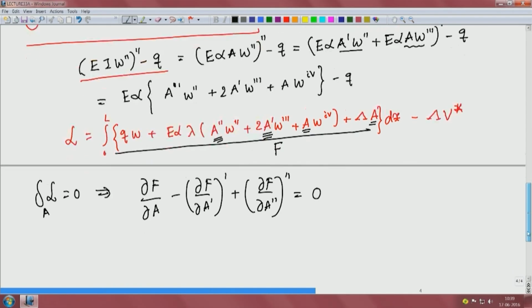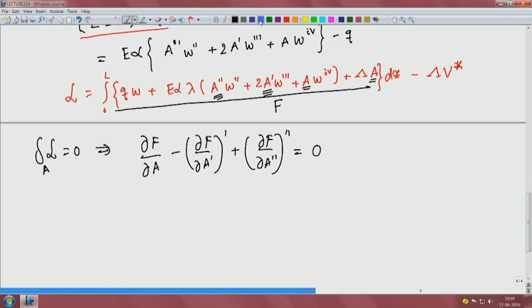So, based on this we can write the terms. dou f by dou A is in 2 places. One is this E alpha lambda into w fourth derivative, that is what is multiplying A, and then we also have uppercase lambda, okay, that is the first portion. So, that is that. Let us use color coding.